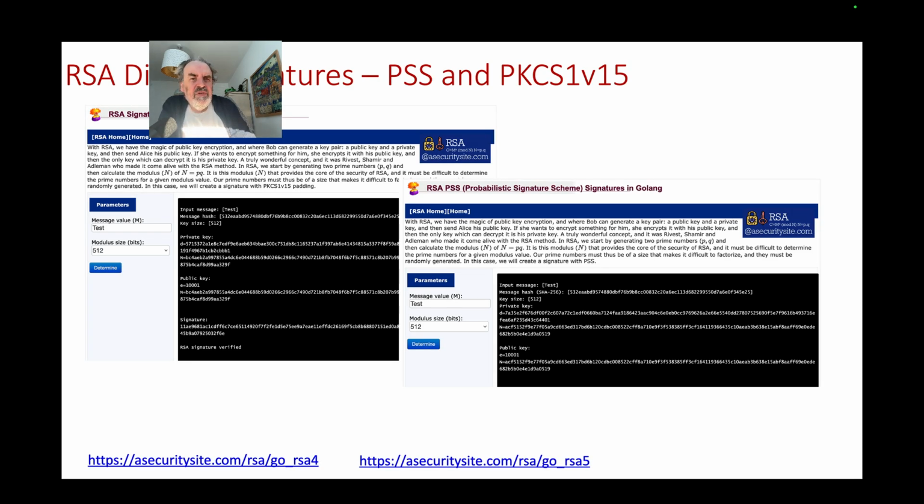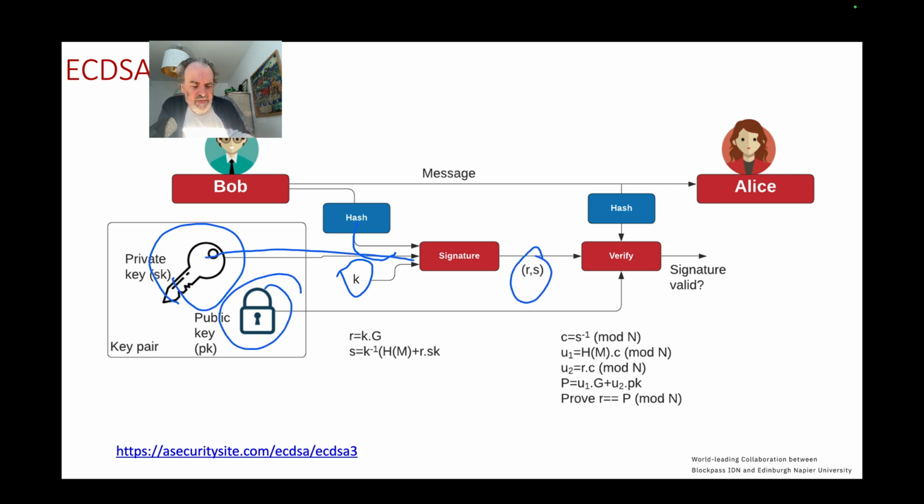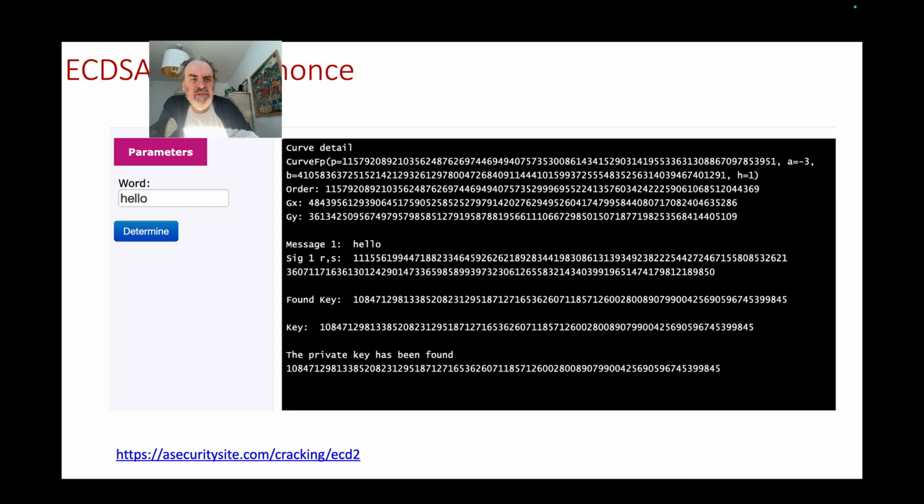Okay, so two popular RSA signature methods are PSS and PKCS1 version 1.5. For ECDSA, we have a random nonce value. We take a hash of the message, and then we use the private key to create a signature, typically R and S, and then we use the public key to verify that.